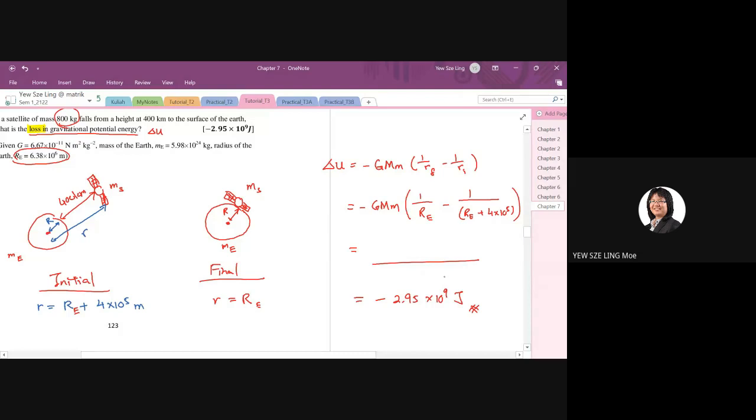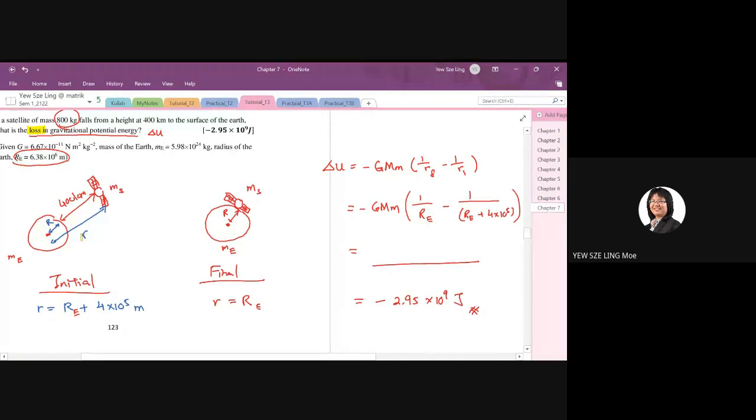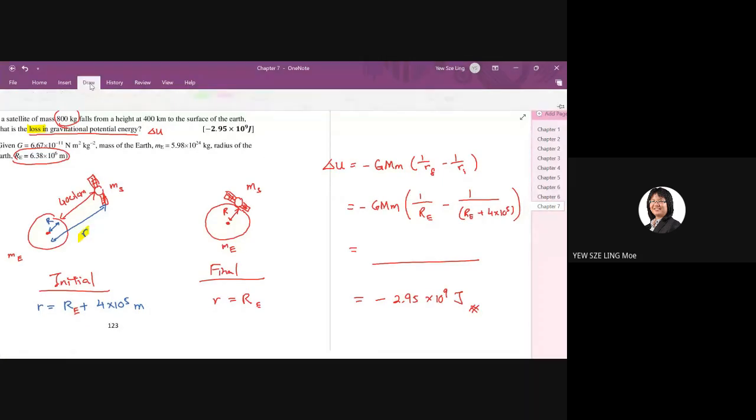Okay, try to calculate, and I want you to sketch the diagram. Now I'm going to give you more minutes. Make sure you sketch the diagram because I want you to see what happened, especially in terms of R, because this is a very common trap in your exam. If you get the wrong R, then basically the whole question is going to be wrong.